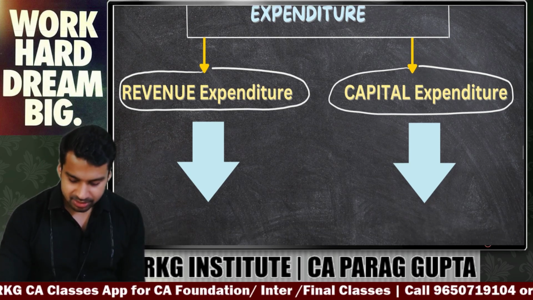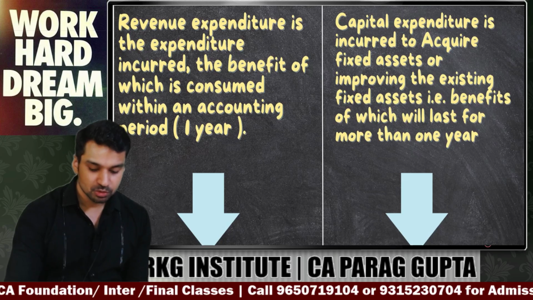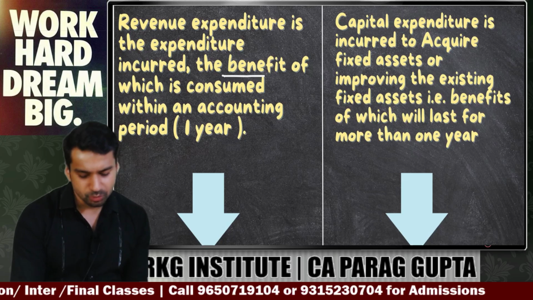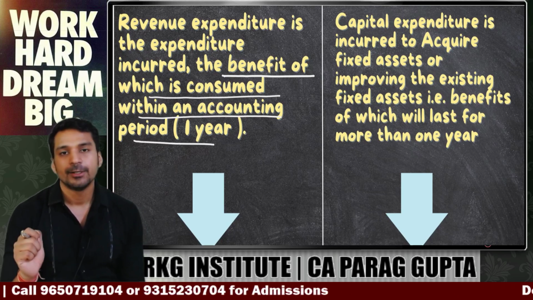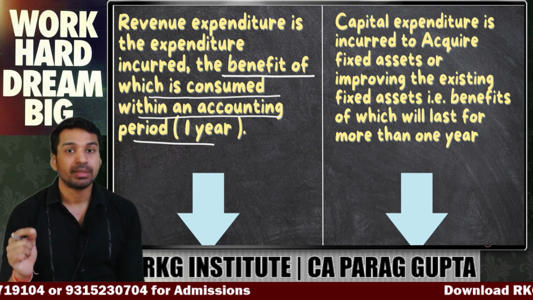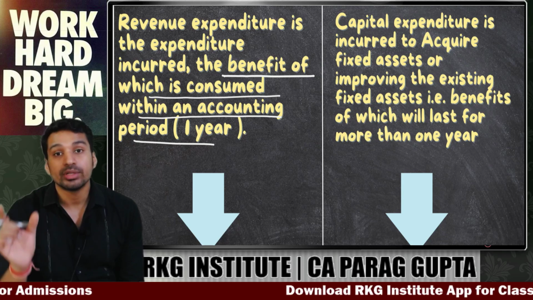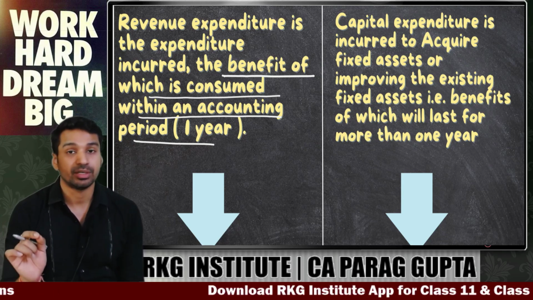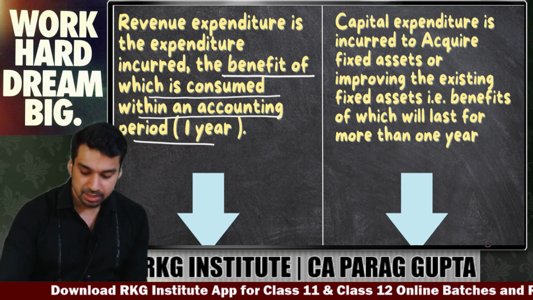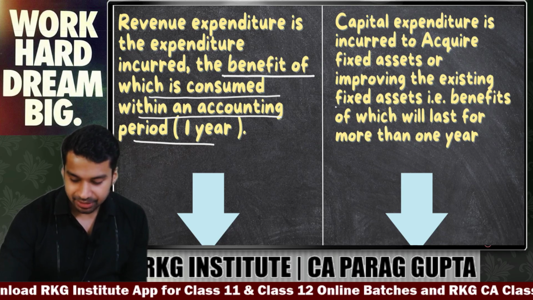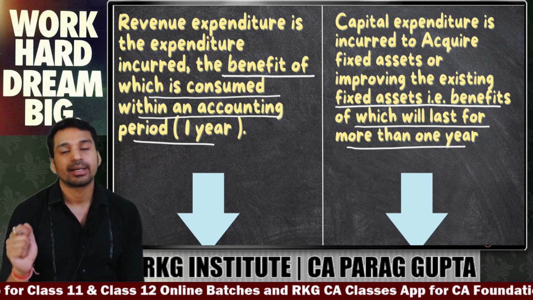So remember that revenue expenditure is something whose benefit gets consumed within 1 year. It's a very regular kind of expense. But when you spend money on something whose benefit you are going to get for more than 1 year, let's say 5 years, 3 years, 10 years, like a fixed asset, some land, a machine, a building, then that is considered capital expenditure.